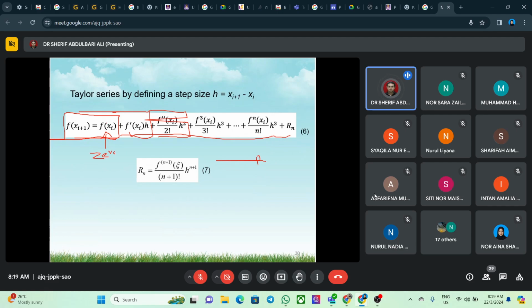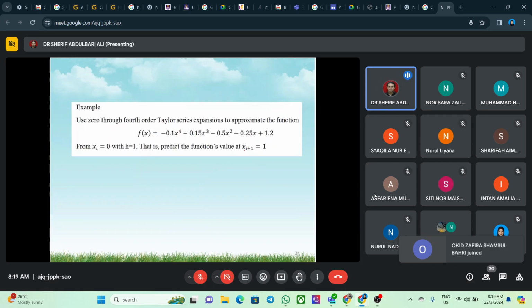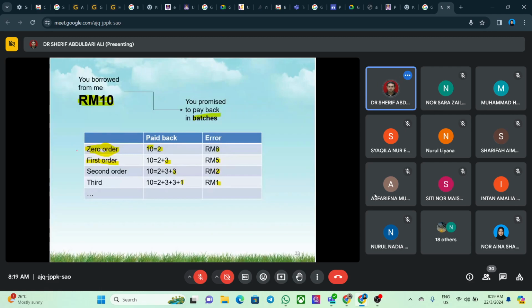If you just stop at the zero order, the error is going to be huge, so the value of R, the remainder, is going to be really huge, because you are not taking the other terms into the calculation. Same as the example I gave you here. If you give me only one shot of the borrowed money, my error is going to be very high. But the more you give me back, or the more terms you add to the Taylor series, the more you reduce the error.